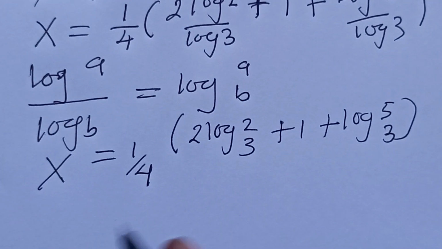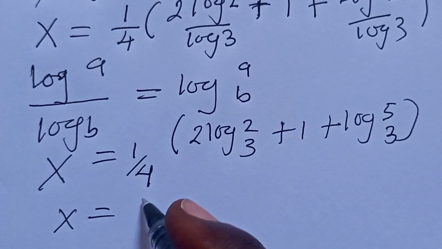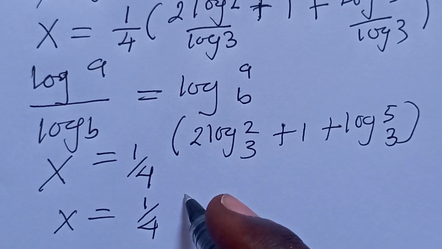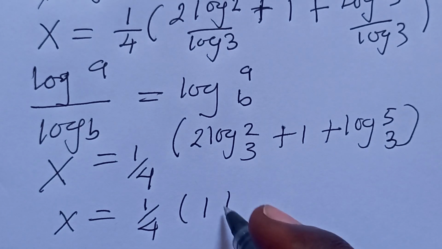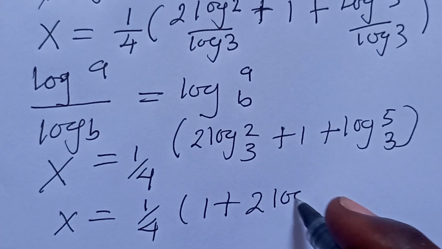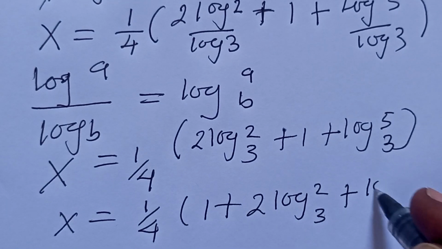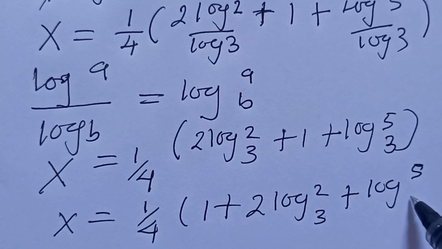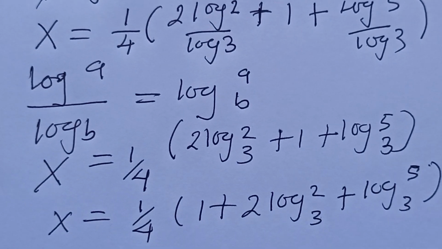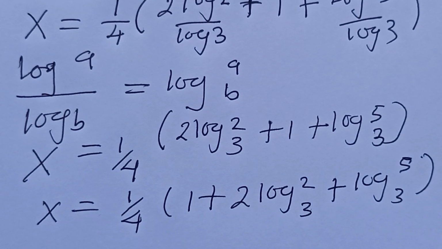And this, you can write as x is equal to 1 over 4 (1 plus 2 log_3 2 plus log_3 5). So this is what we have as the value of our x.